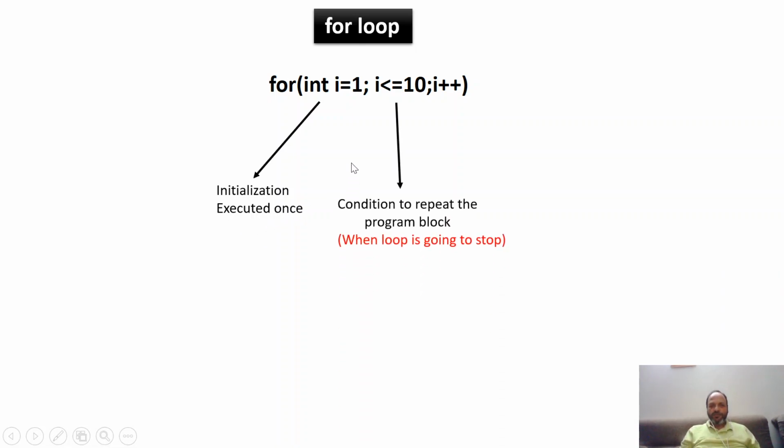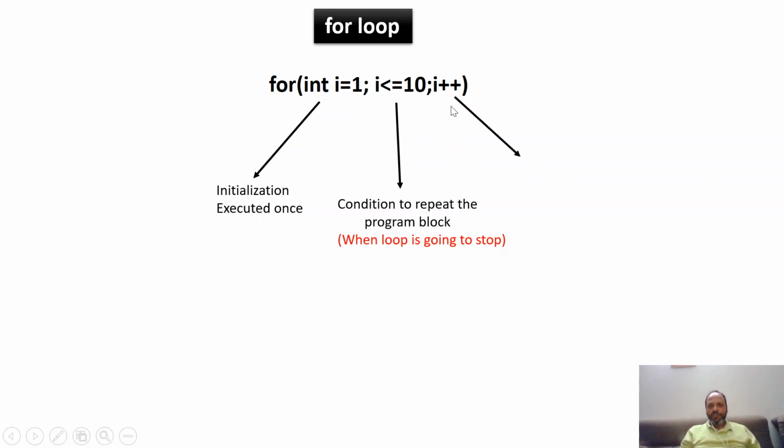Okay, so this is the condition to repeat the program block. Whatever you put between two braces is going to be repeated until the value of I becomes 10 in this case. So this basically illustrates when the loop is going to stop. When the value of I becomes 10, the loop will stop.